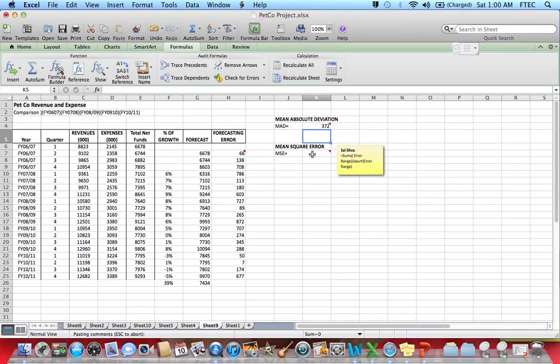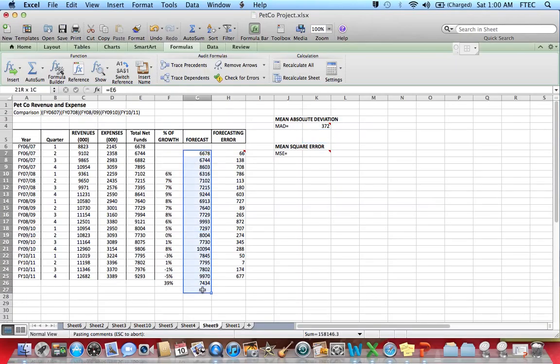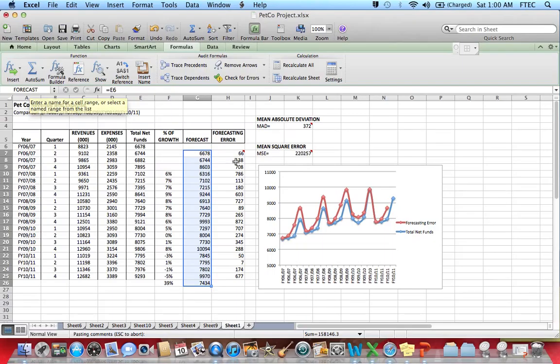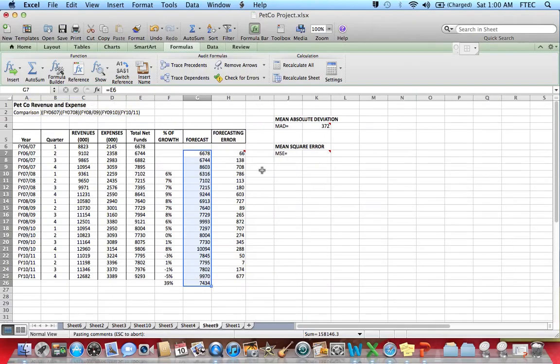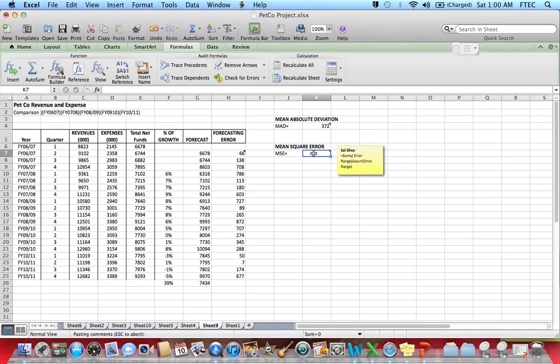Same thing with mean square error. Over here at forecasting, you would have wanted to highlight them. You're going to come over here and you're going to name your cell forecast. So your formula will be sum squared.